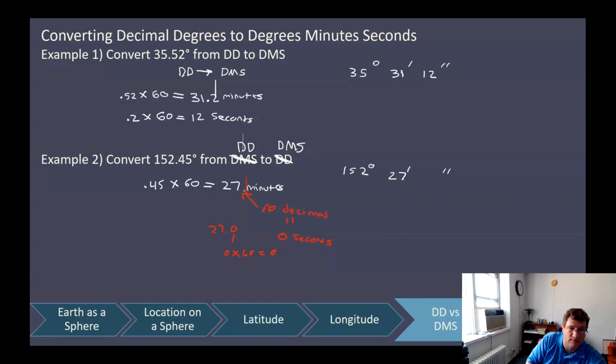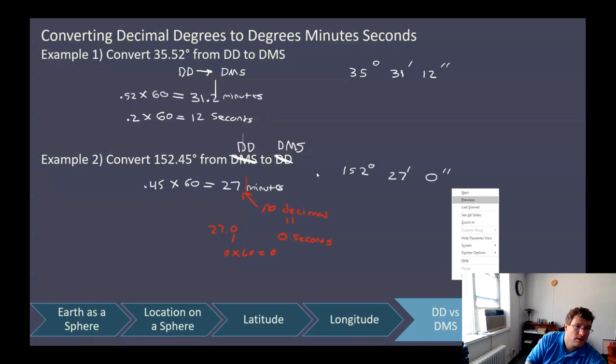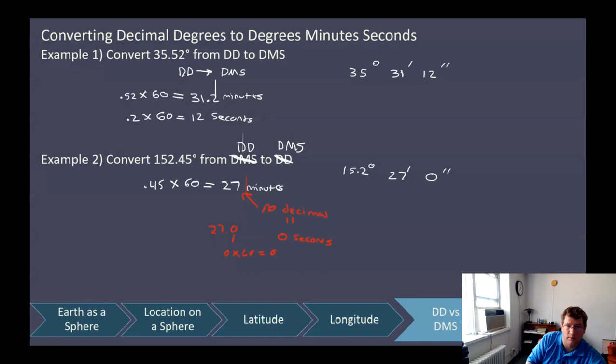So if you have no decimal, that means the end result would be 0 seconds. So 152.45 degrees translates to 152 degrees, 27 minutes, 0 seconds.